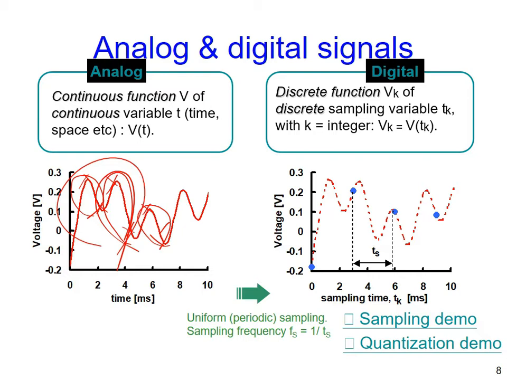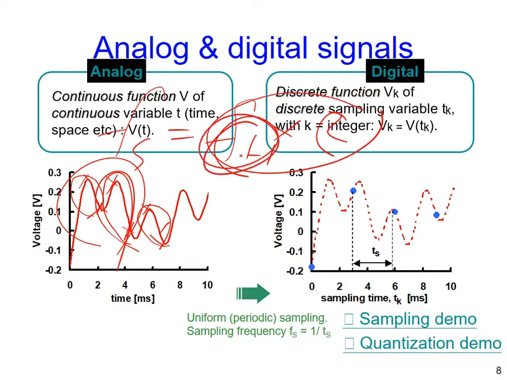So if the highest signal is this, it means 2 times higher than your highest frequency. That is the definition of Nyquist already.